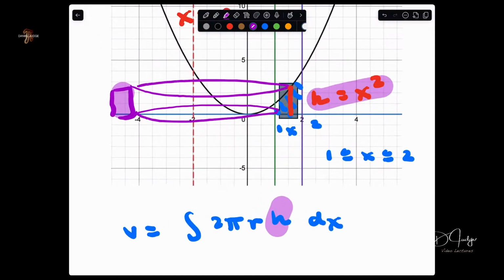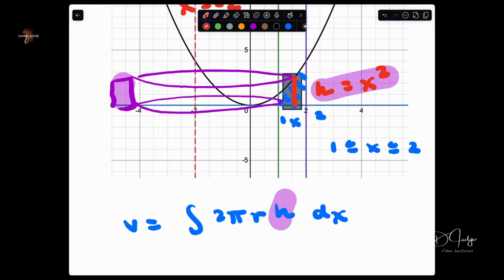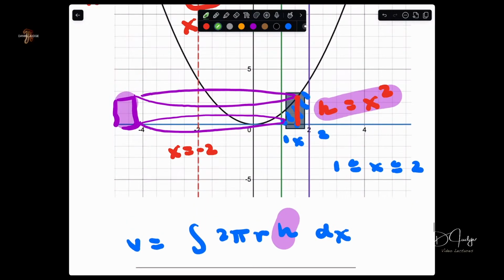We got the height. The radius, though, remember, this is a line x is -2. How do we get that radius of that cylindrical shell? That's a point here to here. Now, it's kind of simple. The right value is x, and the left value is -2.